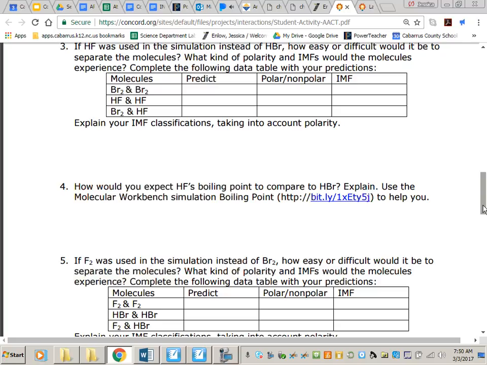How would you expect HF's boiling point to compare to H2O? Hydrogen has 1 and fluorine has 7: 3, 4, 5, 6, 7.